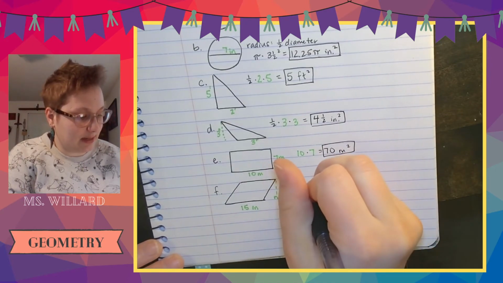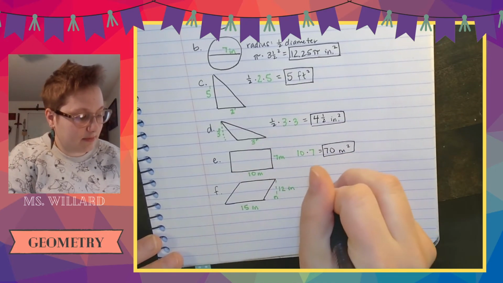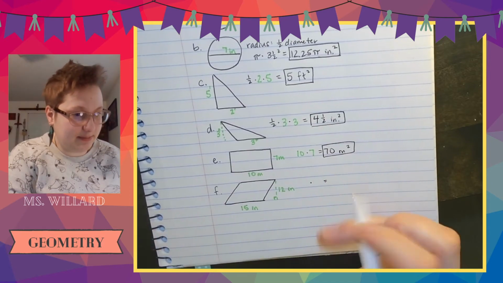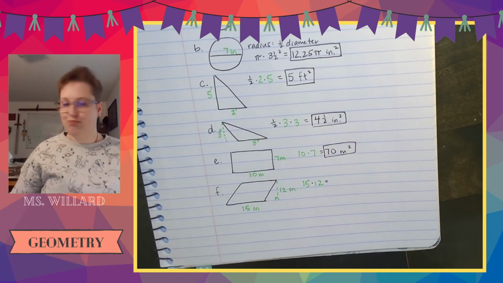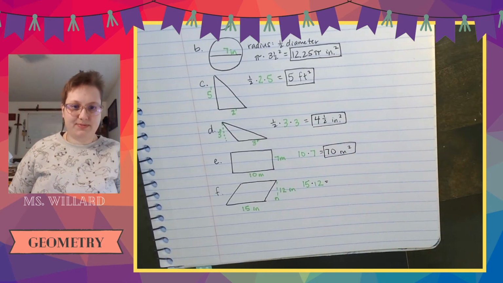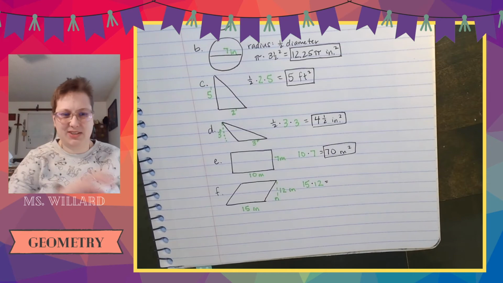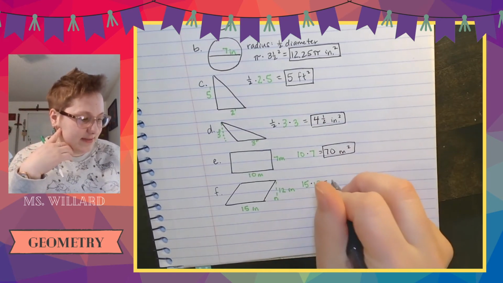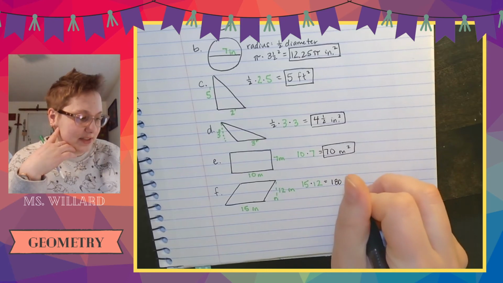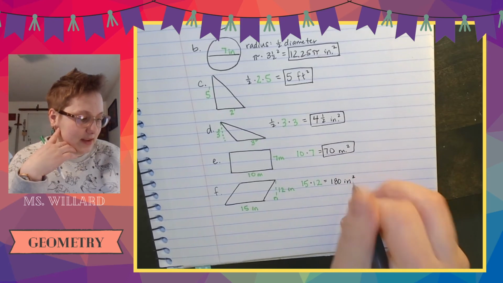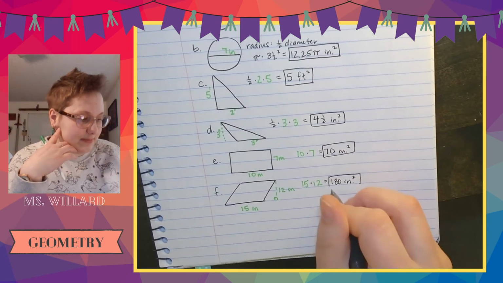So I'm going to do 15 times 12, which I should have done ahead of time. 180, obviously. I almost wrote degrees because I'm so used to 180 degrees being a thing that's important. So that's 180 square inches.